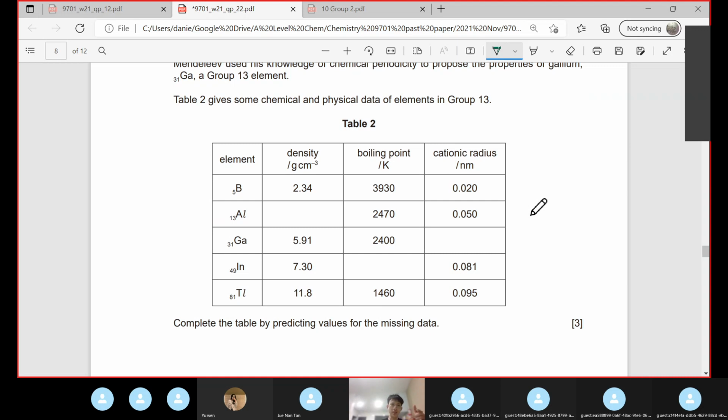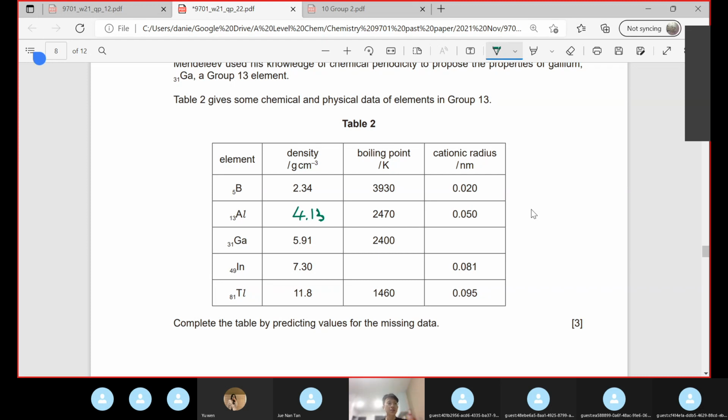You can just sum them up, 2.34 plus 5.91, then divide by 2. You should get around 4.125. Then you can just write 4.1 or 4.12, 4.13, no problem. For example, 4.13. It will definitely lie within the range.